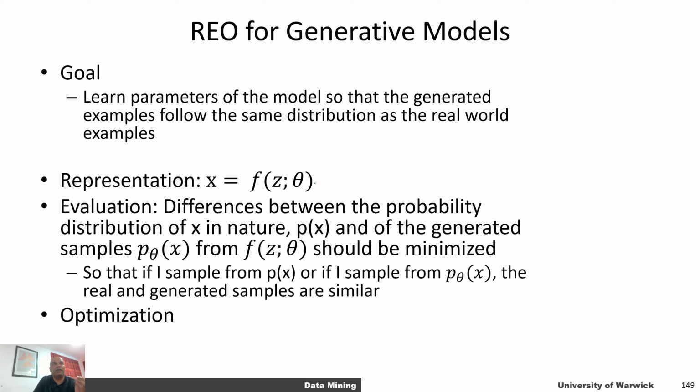If we want to develop a REO, representation, evaluation, and optimization, for generative models, remember, for every machine learning problem we start with the goal, and to solve that, we express it in terms of representation and develop a loss function for it, right? So that is what we are going to do here as well.